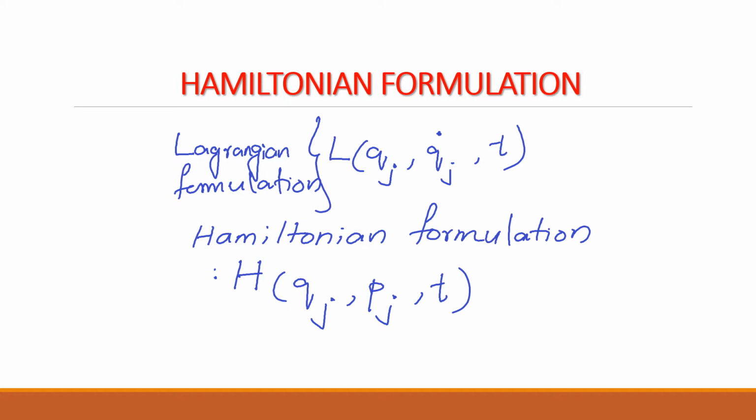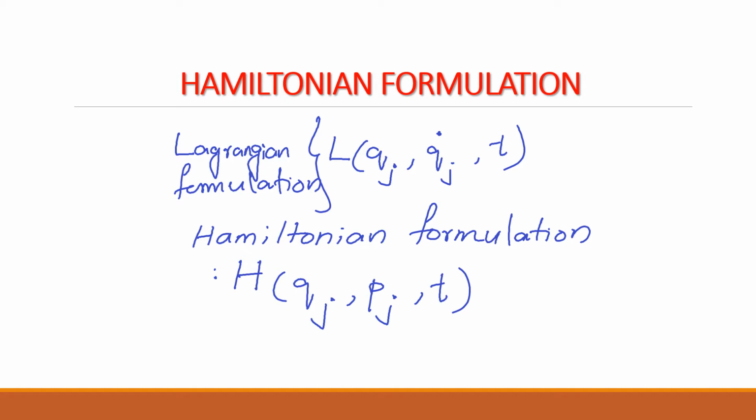Hamilton put forward an alternative formalism called the Hamiltonian formulation, in which the physical quantity can be described by a function known as the Hamiltonian function, which is defined as a function of generalized coordinate qj, generalized momentum pj, and time t.